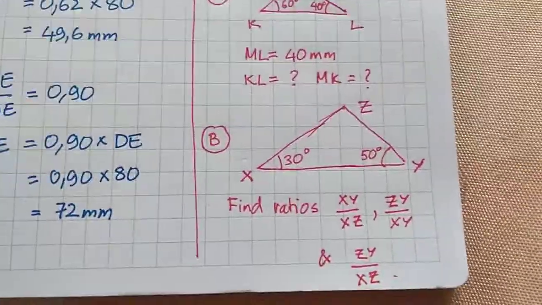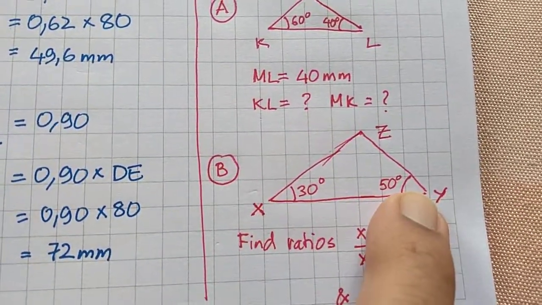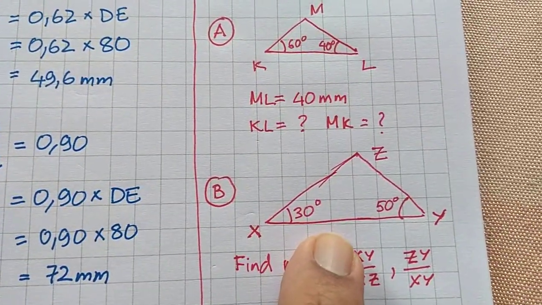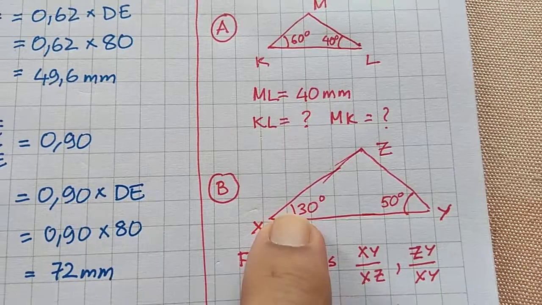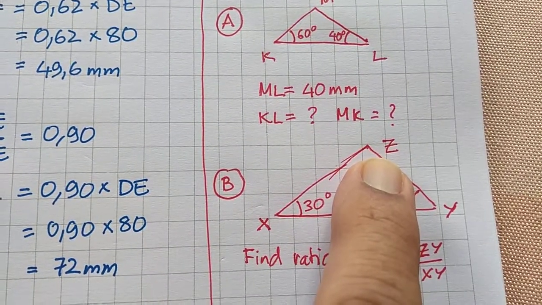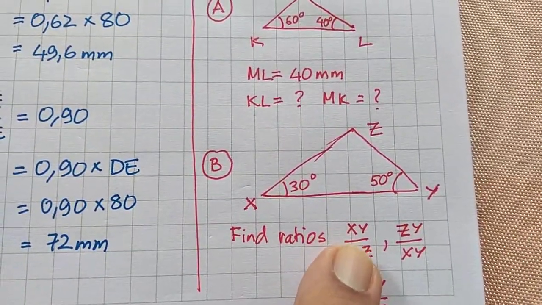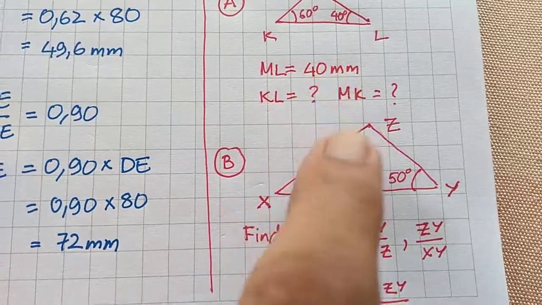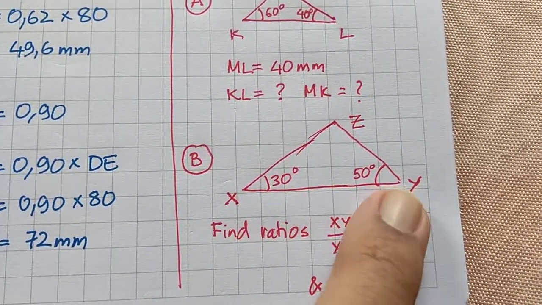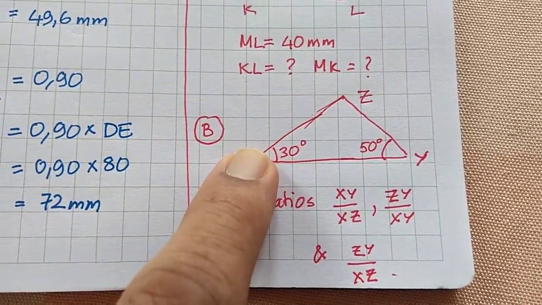And the second one is that I give you another triangle, 30 degrees, 50 degrees. This is not similar to this triangle. It is a completely different triangle, 30 degrees, 50 degrees. That adds up to 80 degrees. Z you'll calculate if you need to. So I want you to find out the ratios of XY over XZ, ZY over XY, and ZY over XZ.